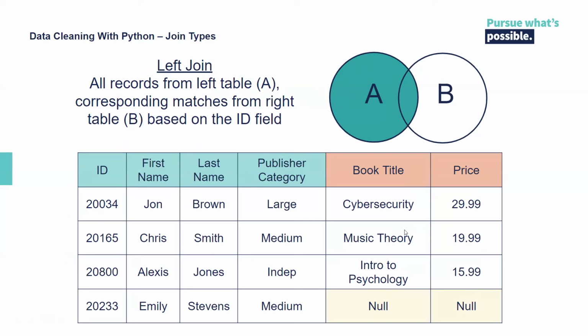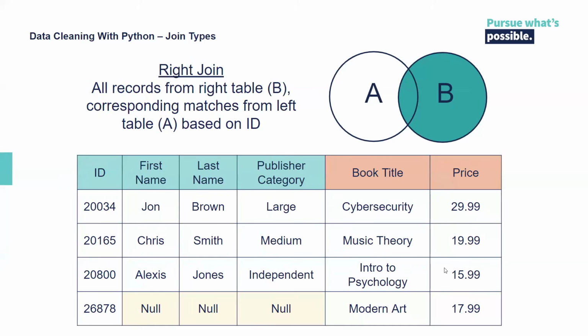So from our two tables, the first record, second record, and third record all had matches in table B that matched the ID, but this author here did not have any matching books in the book table. So the columns for this record are null because there were no matching records in table B. So this is an example of a left join.